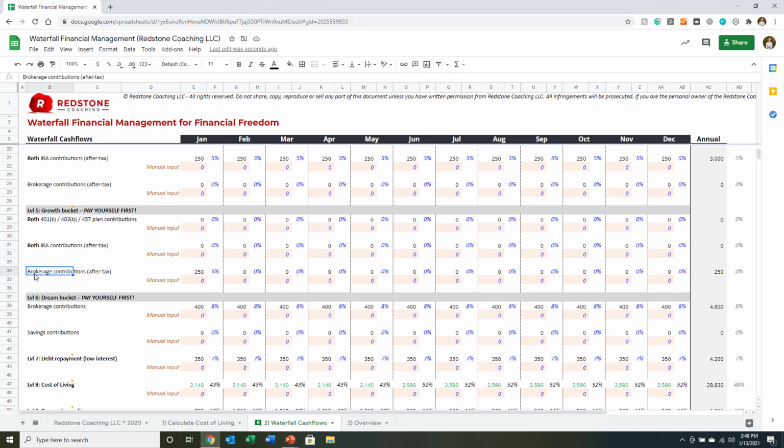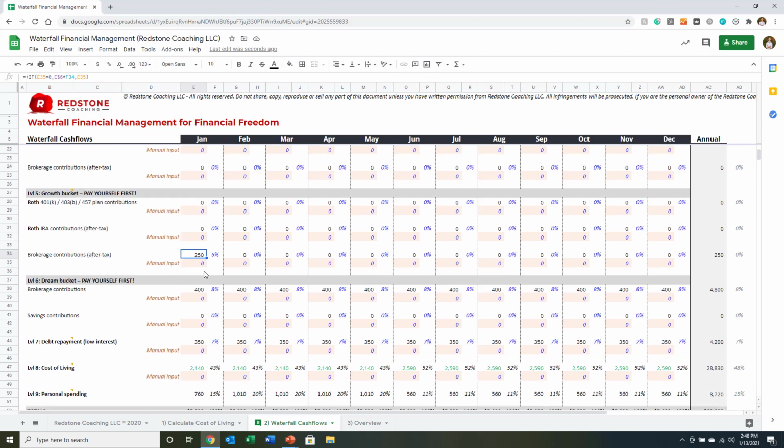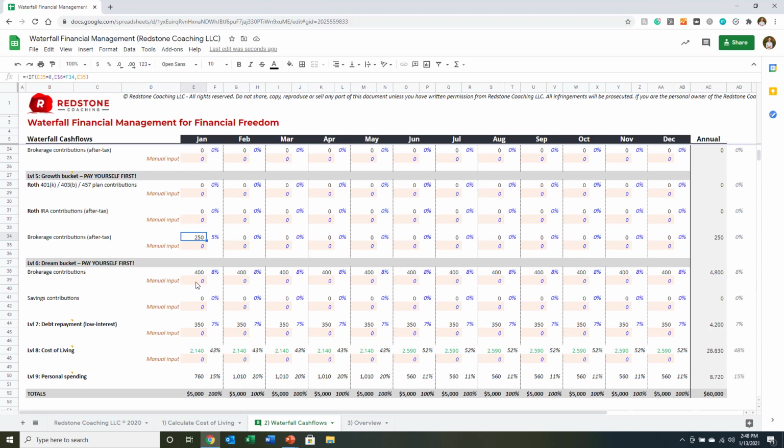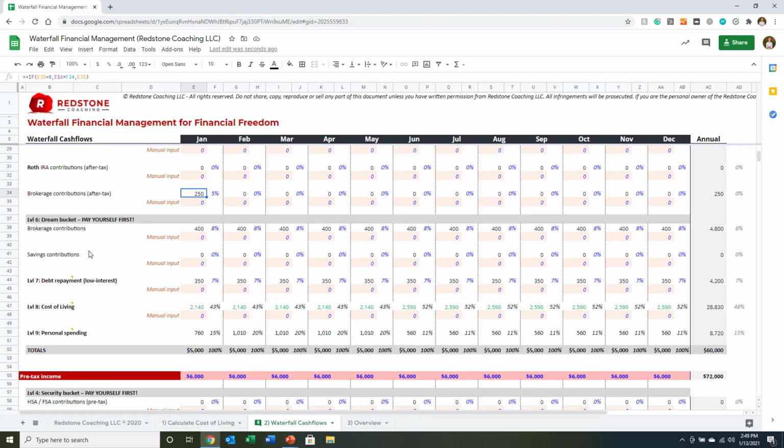So even though I put brokerage here, maybe you're putting this money into a savings account. Maybe you're putting it into a brokerage account. The whole idea is you're not locking up this money for your growth bucket here. You're not locking it up into a long-term retirement account. So maybe you're putting money aside there. And then for a dream bucket, whether you're putting money into a brokerage and investing through a brokerage account, or if you're just putting it aside in a savings account.